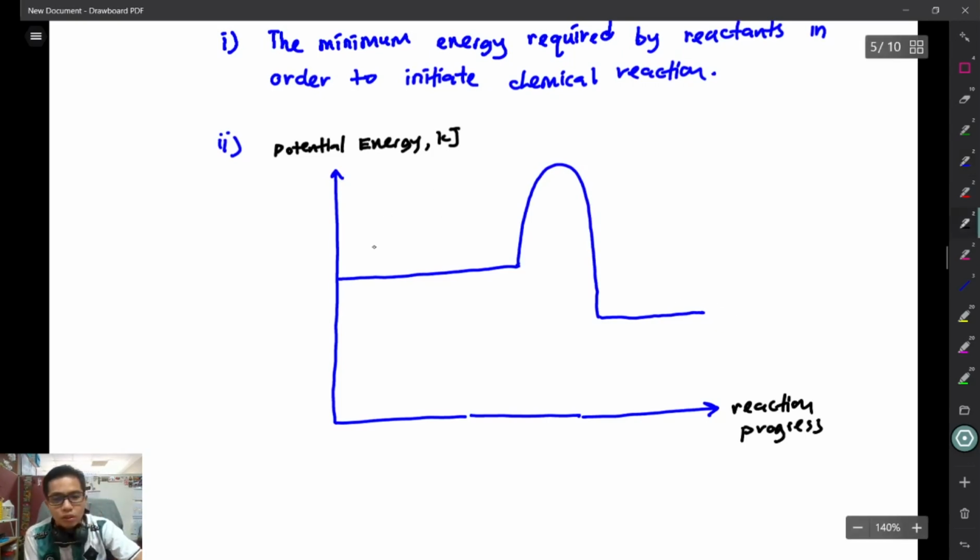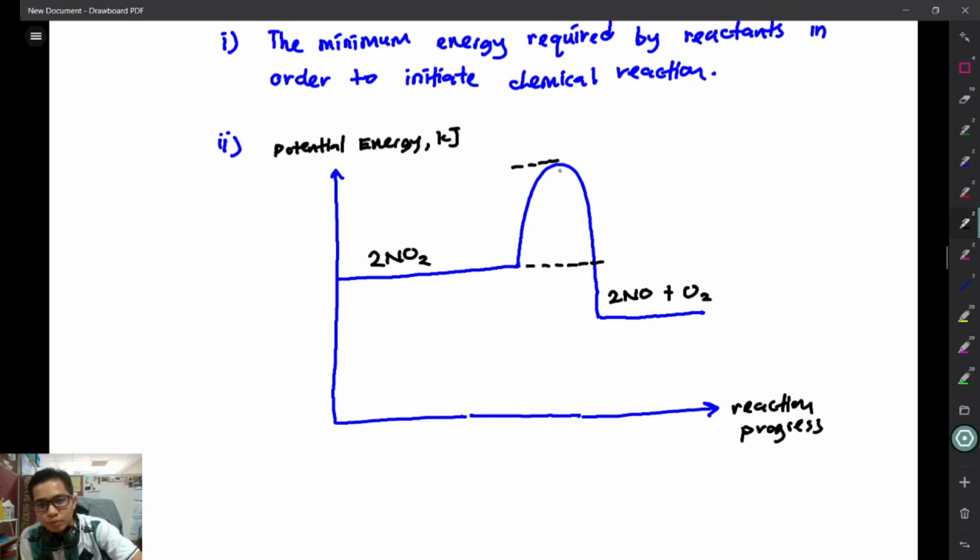So reactant is 2NO2. Product is 2NO and O2. So let's label. From the level of reactant towards the top of the hill, this is EA forward, which equals 120 kilojoule.